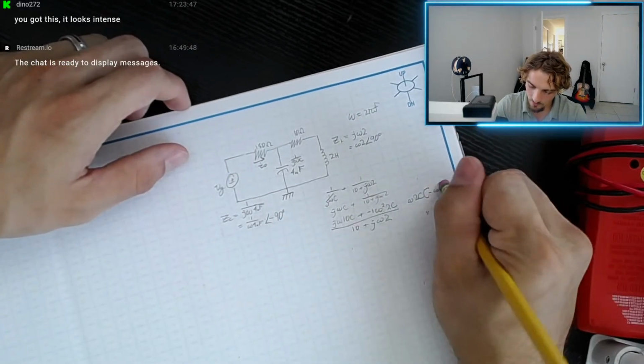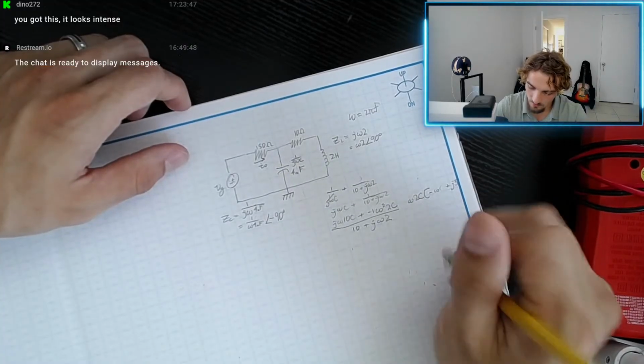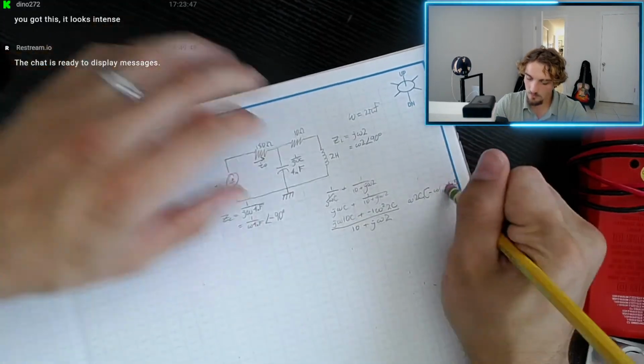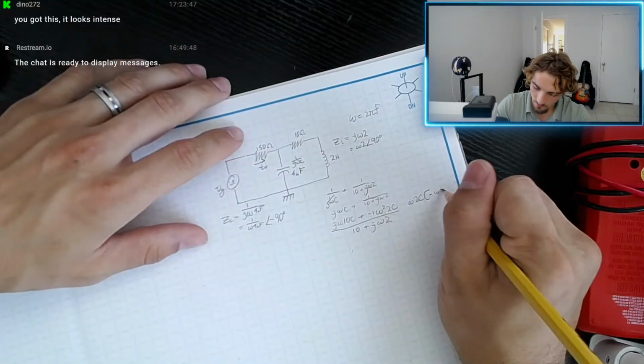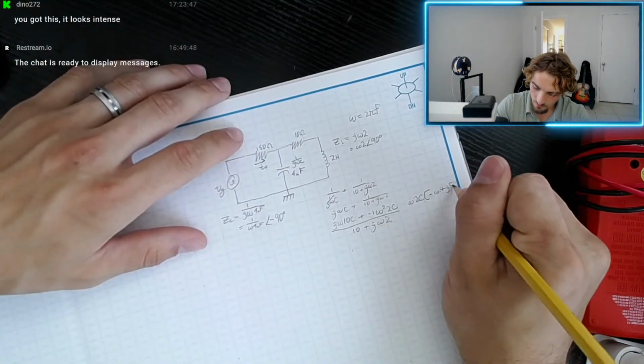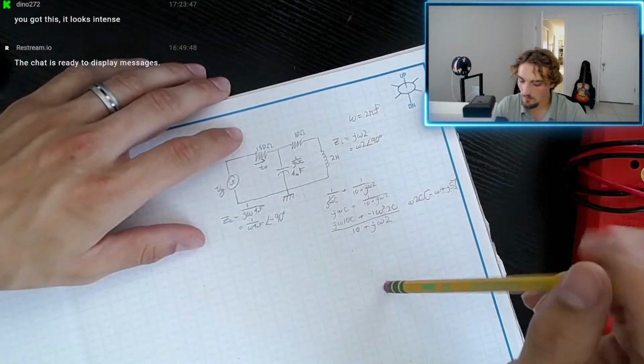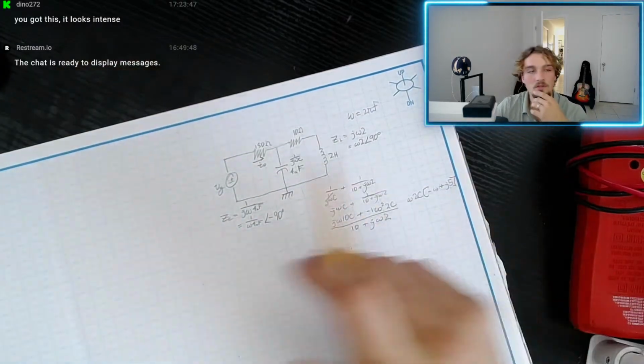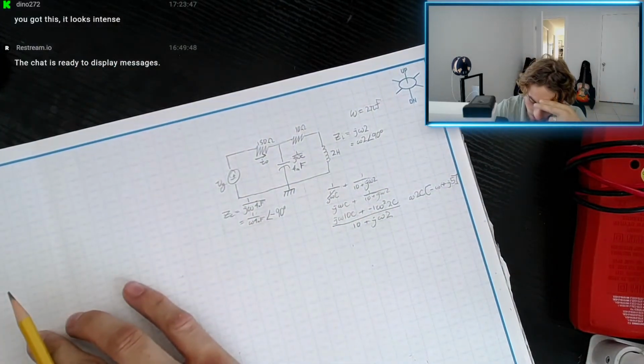Wait, that wants to be a c there, we pulled the c out. Omega plus j5. See, what the fuck? That doesn't even lead me anywhere. That leads me nowhere.